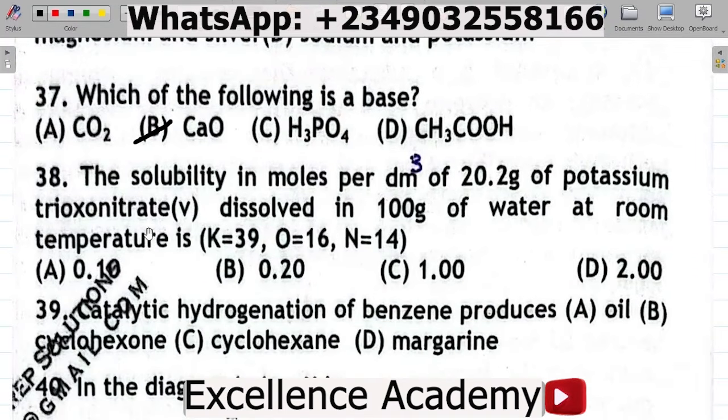All right, 38. The solubility in moles per dm cube of 20.2 gram of potassium trioxynitrate 5 dissolved in 100 gram of water at room temperature is, so you have these options. So how do you solve this question?